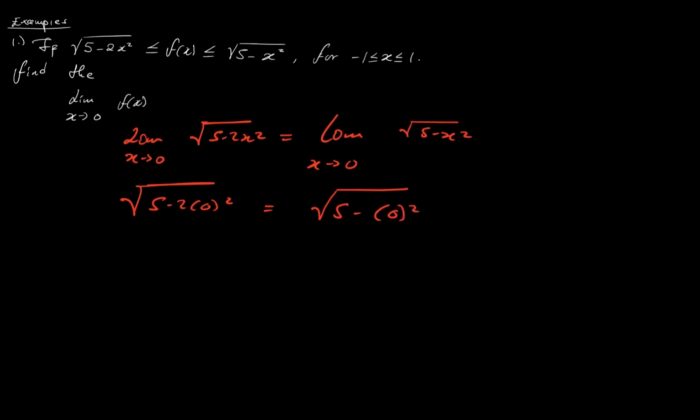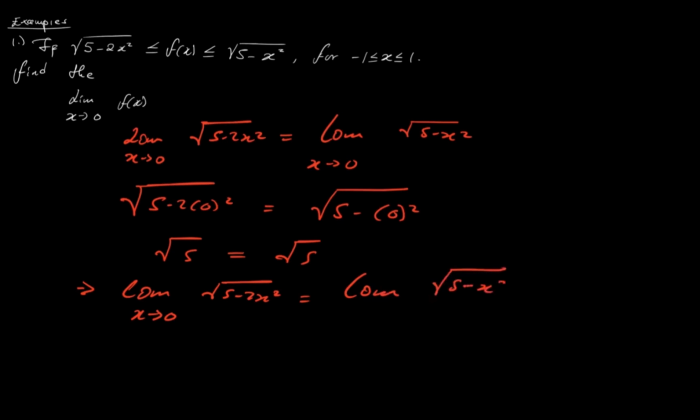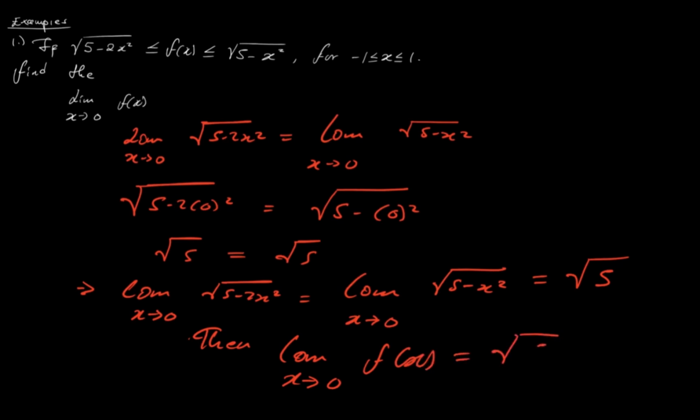In the end, we end up having root of 5 being equivalent to root of 5. So this implies that the limit as x approaches 0 of radical 5 minus 2x squared is equal to the limit of radical 5 minus x squared as x approaches 0. And that limit is radical 5. Now, this means that the limit as x approaches 0 of the middle function f of x is also equal to radical 5. So that's how you go about it.